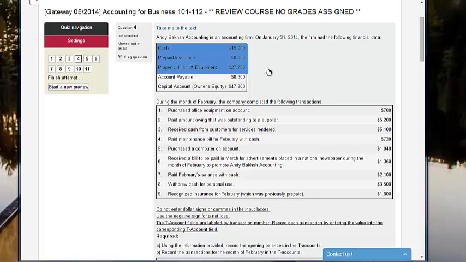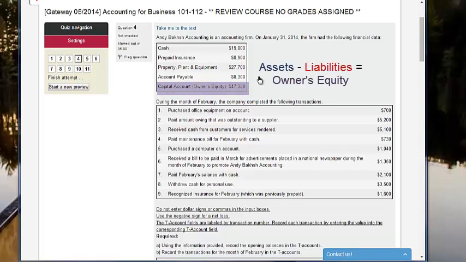Assets are items that the company owns or resources for it to use in business. We also have an account payable. An account payable is a liability or a debt of the company. And the owner's equity, which is what is left over, more or less. Okay, assets minus liabilities equals owner's equity.